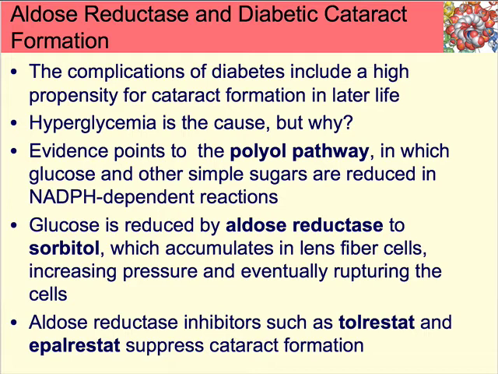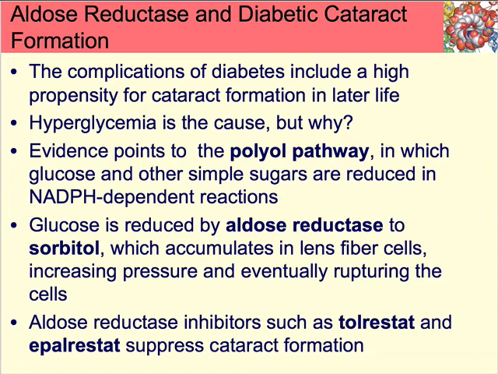But why should high sugar levels cause cataract formation? Evidence points to the so-called polyol pathway, in which glucose and other simple sugars are reduced in NADPH-dependent reactions. Glucose is reduced by the aldose reductase to sorbitol, which accumulates in the lens fiber cells in the eye, increasing pressure and eventually rupturing the cells, and that's the cause of cataracts.